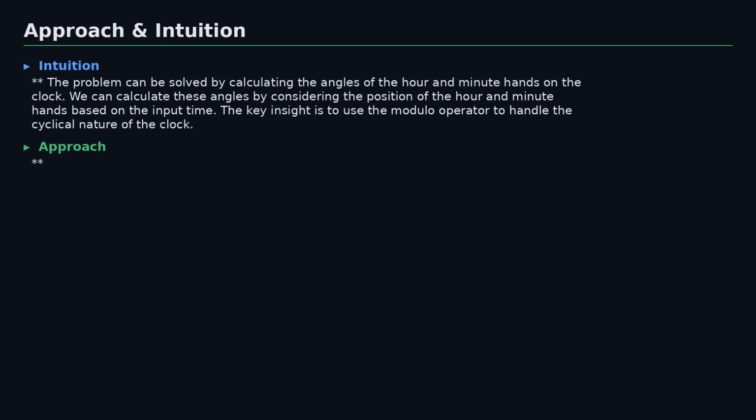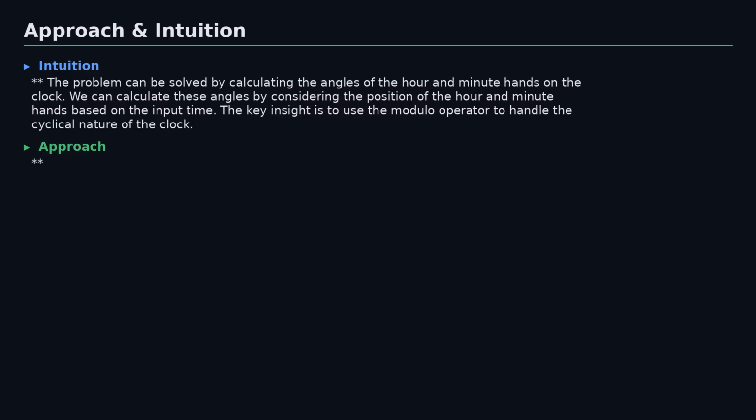So, let's think about it. The hour hand moves 30 degrees per hour, which means it moves 0.5 degrees per minute. The minute hand, on the other hand, moves 6 degrees per minute. Now, if we want to calculate the angle between the hour and minute hands, we need to calculate the positions of both hands first.